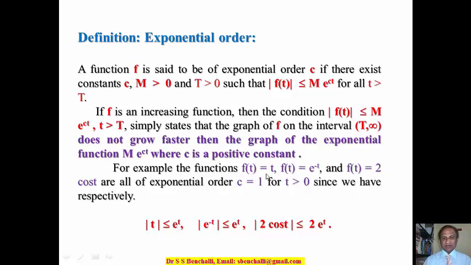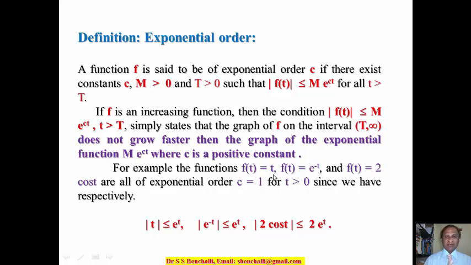For example, you can take f of t is equal to t, or f of t is equal to e to the power minus t, or you can take f of t is equal to 2 times cos t. All are of exponential order c is equal to 1 for t greater than 0, since we have respectively mod of t is less than or equal to e raised to t, mod of e to the power minus t is less than or equal to e to the power t, mod of 2 times cos t is less than or equal to 2 into e to the power t.